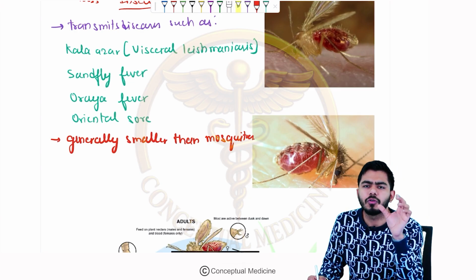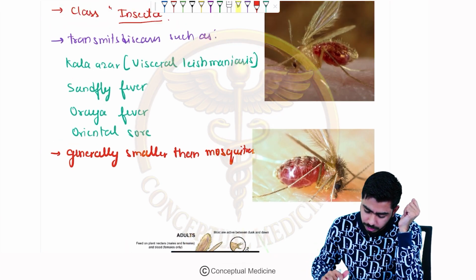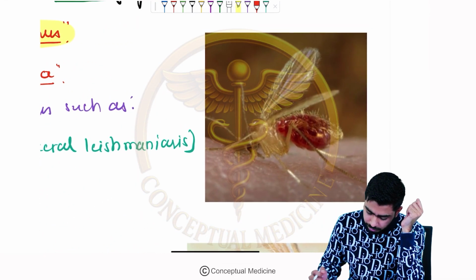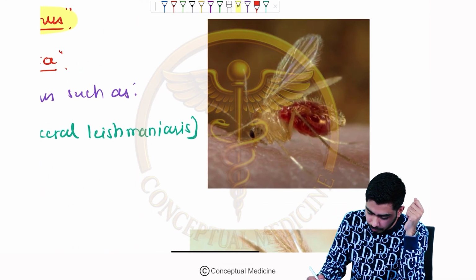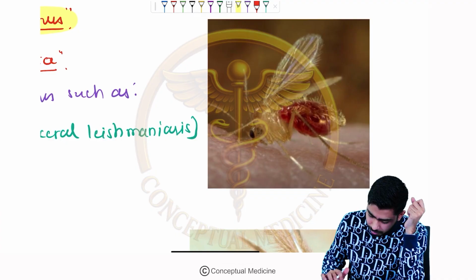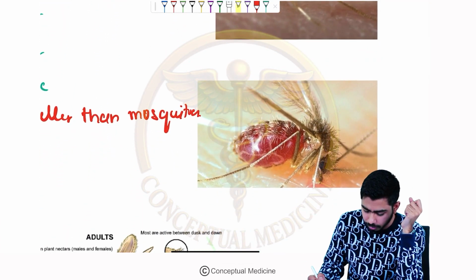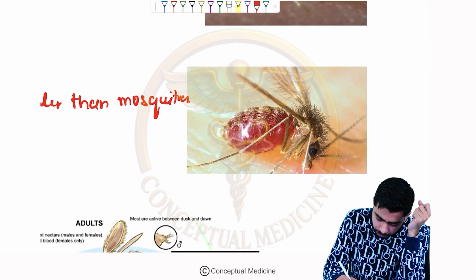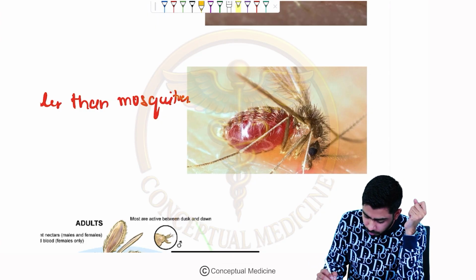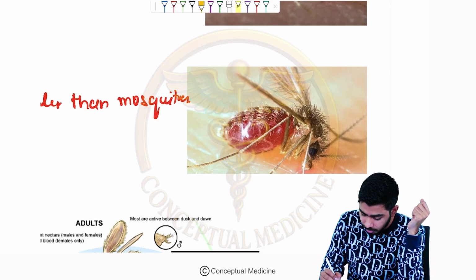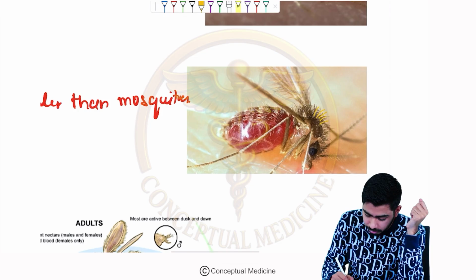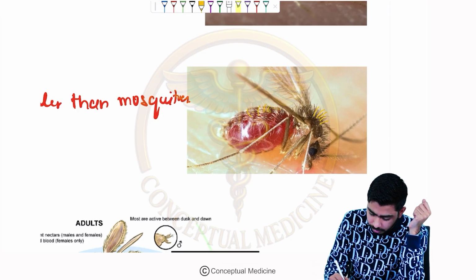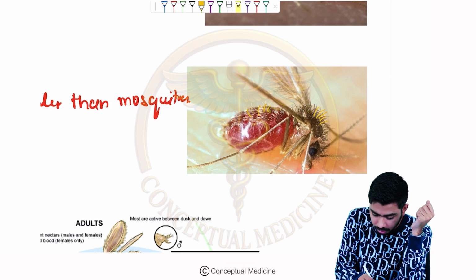Let me talk about the morphology of the sandfly, guys. As you can see right now on your screen, this is a sandfly, right? This is one image of a sandfly, and here also this is a sandfly only. So what can we find here? We can find that it is a hairy insect, guys. Here you can see that hairs are present on the body surface. Can you appreciate? Yes. That is the typical feature of the sandfly, right?